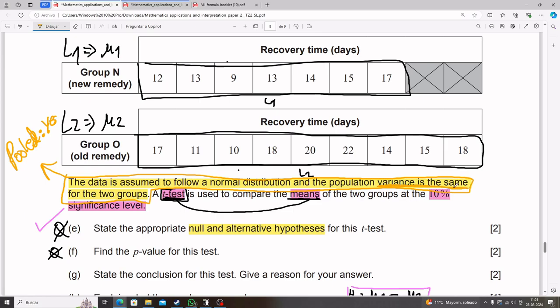That's the big thing about pooled. Their variance has to be the same between the 2 groups. If the variance is not the same between the two groups, you will be putting that it is not pooled. In my experience for AISL, you always put yes for pooled, but just if it ever comes up in some test or whatever, what matters here is that the variance is the same. Okay, so variance being same means that you have pooled. All right. That is what I want you to associate it to.